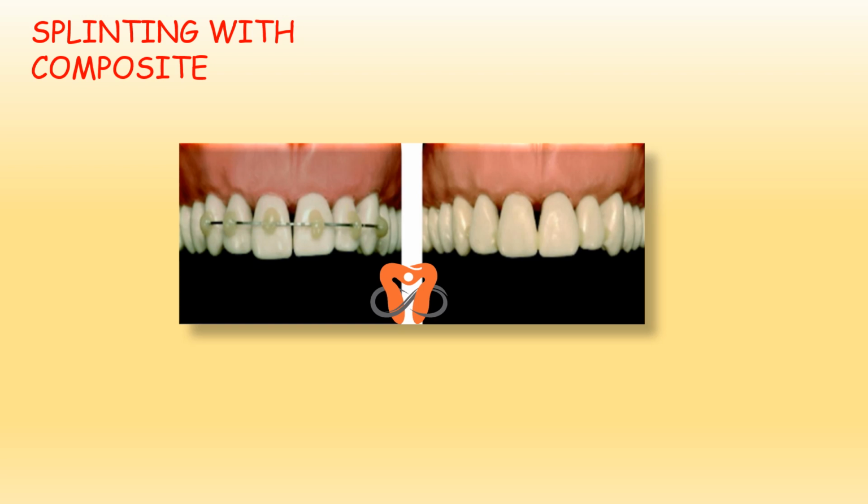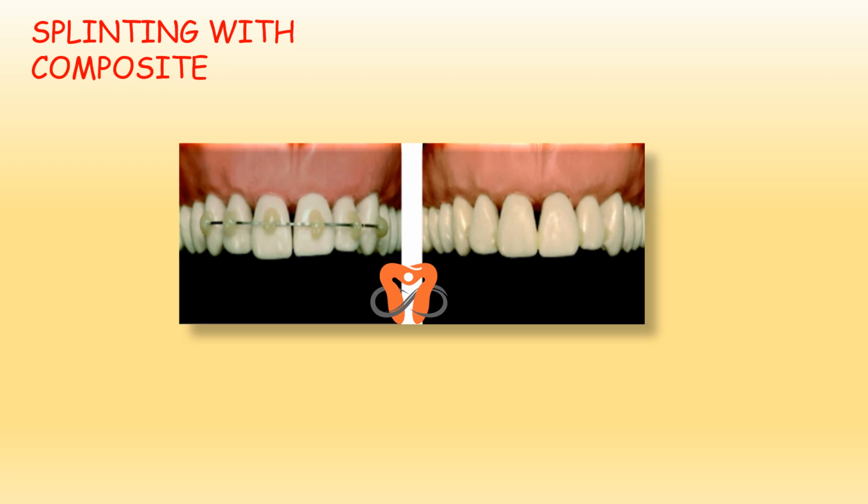Then splinting is done. It can be done with composite using either of the two methods shown in the pictures. This splint is held in place for 2 to 3 weeks. Then radiographic examination is conducted. If it reveals no sign of marginal breakdown, the splint can be removed.